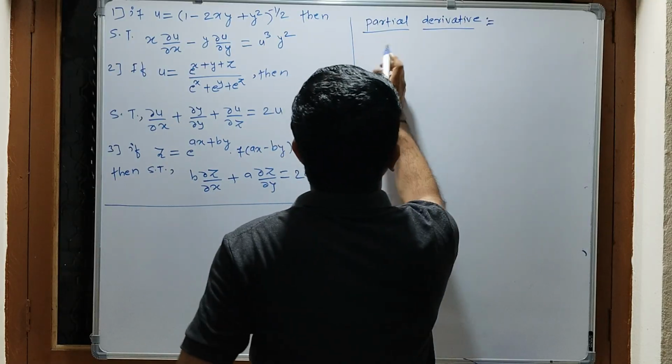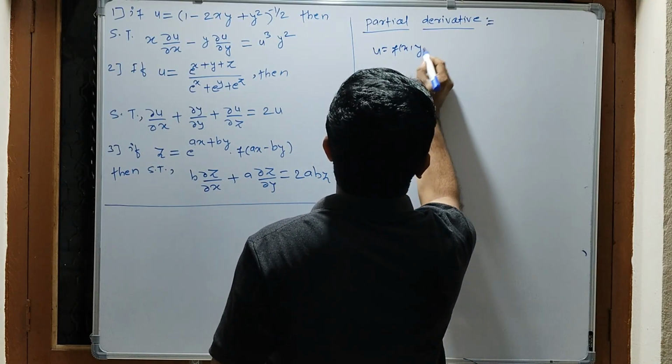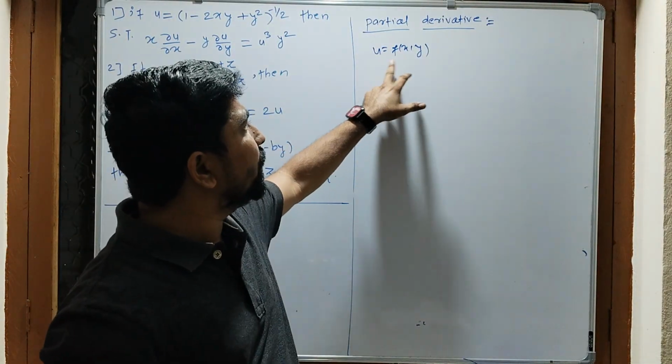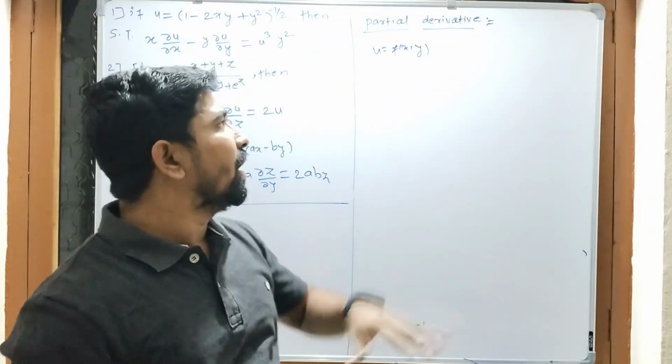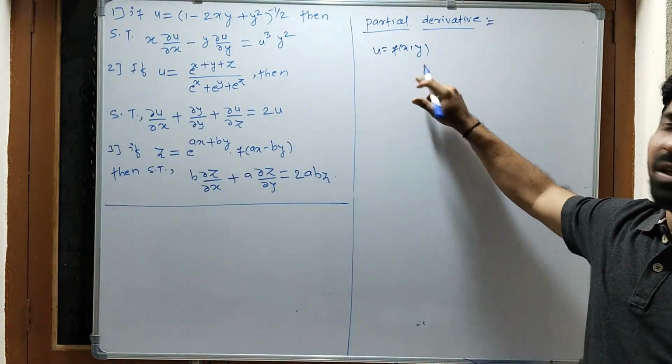Now I will write the partial derivative in the sense of ordinary derivative. Let's say u equal to f of x comma y. So u is my function which depends on the two independent variables x and y. I want to take the partial derivative of u with respect to x.